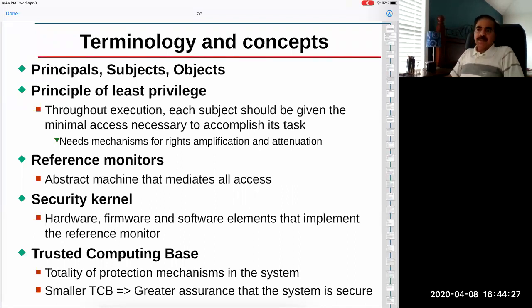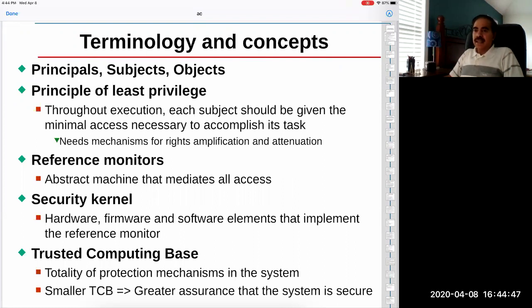The principle of least privilege is the guiding principle for defining our policies. We want to make sure that the least privilege needed for carrying out a particular task is the privilege that's given to a subject.